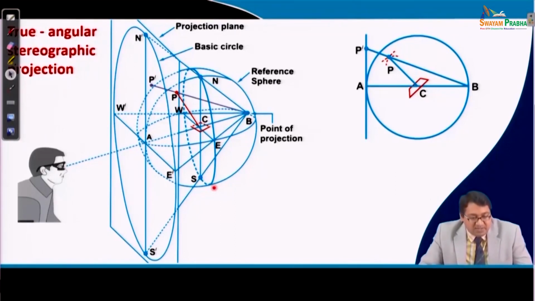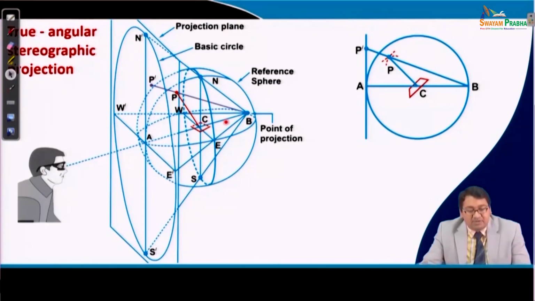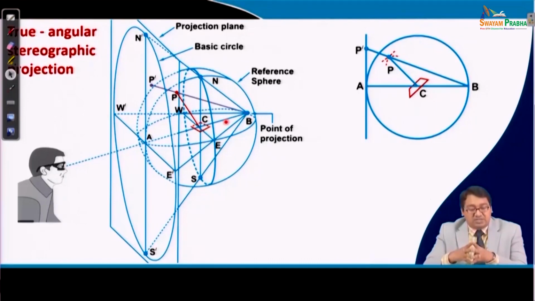From this one can observe that great circles could be projected either as a curve or as a line.